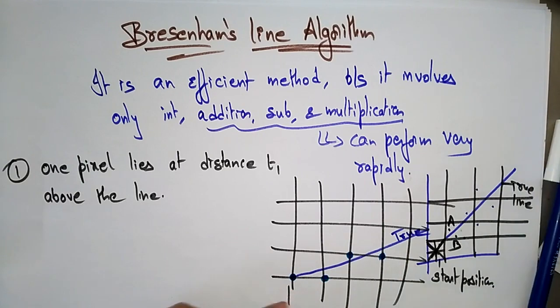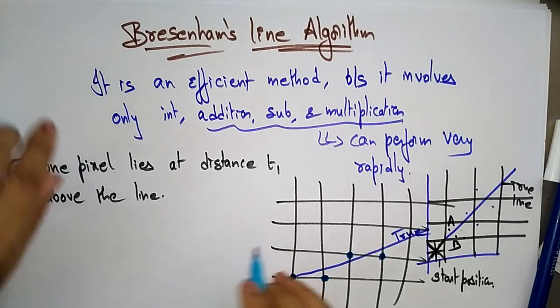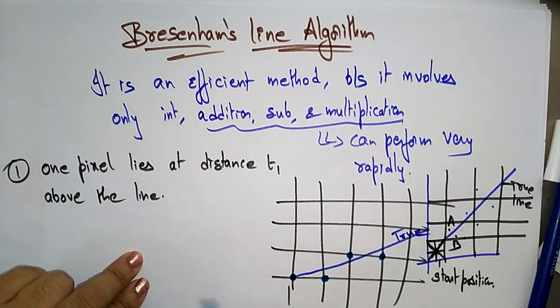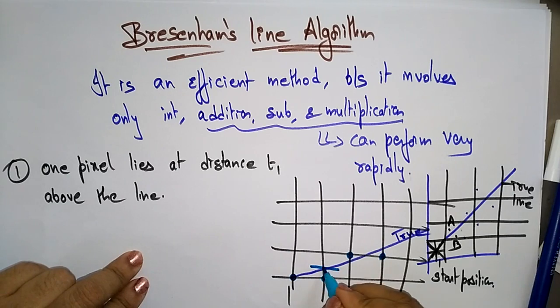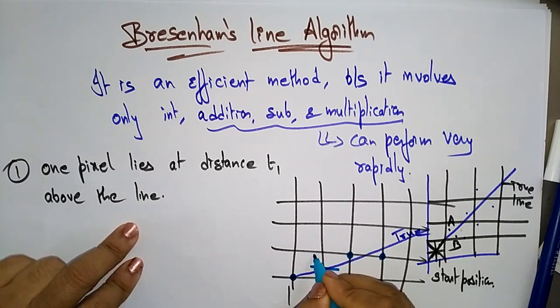So here, for any given value of x, one pixel lies at a distance t1, at an intersecting point, above the line.